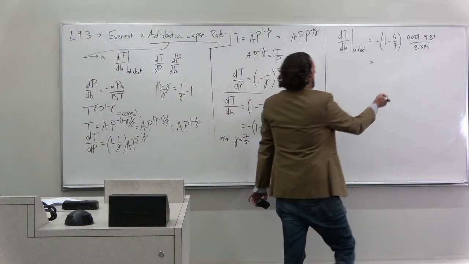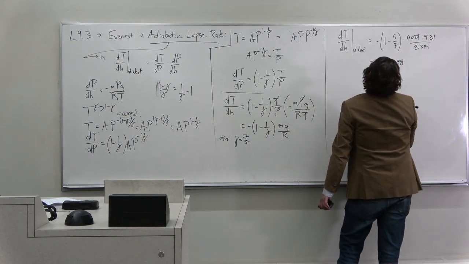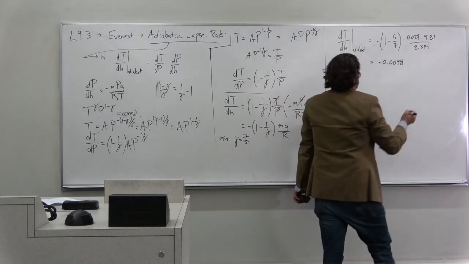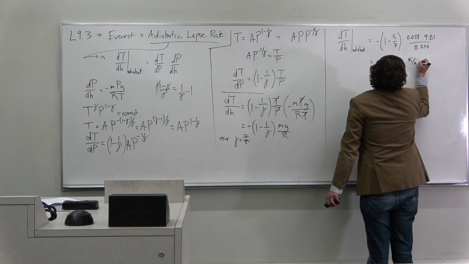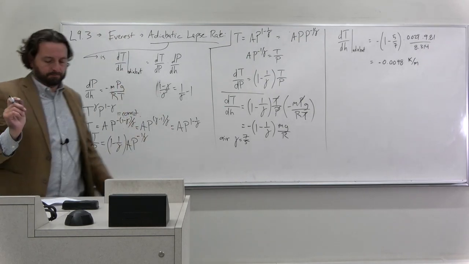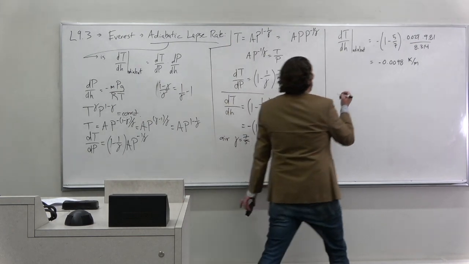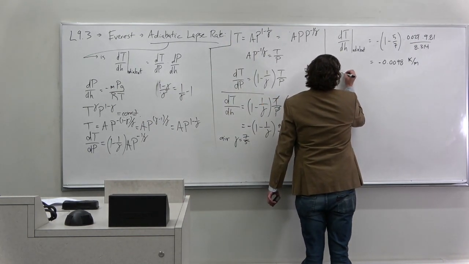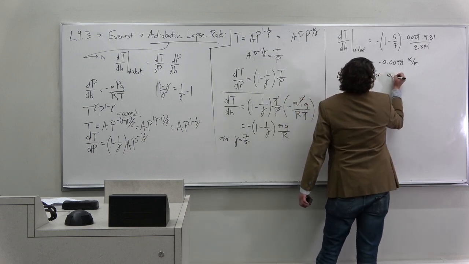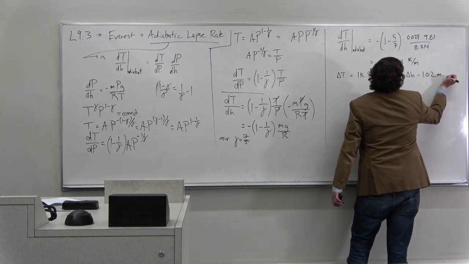So this is minus 0.0098. What are my units? It's Kelvin per meter. So you should go through your units and make sure that those make sense. Or another way to say this is you're going to drop, so delta T of approximately 1 Kelvin for every delta H of 102 meters.